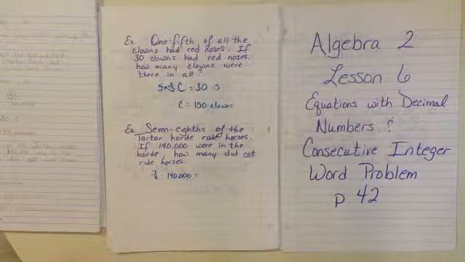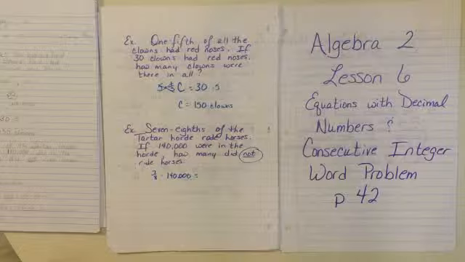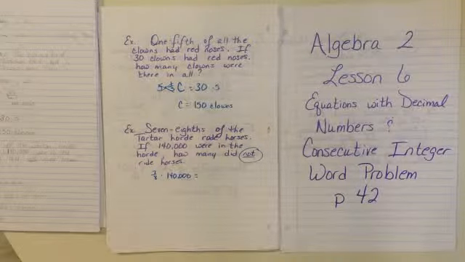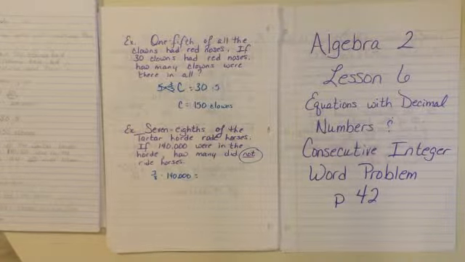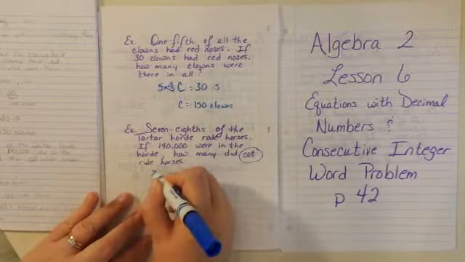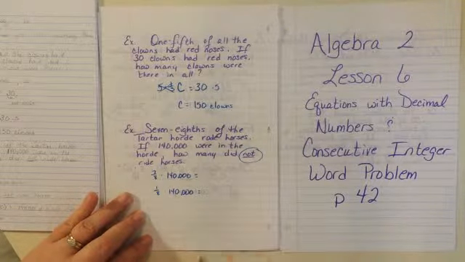And we would get the number that rode horses. We actually want the number that didn't ride horses. So if 7/8 of the Tartar horde rode horses, then what fraction of the horde did not ride horses? And that would be 8/8 minus 7/8, so that's 1/8 of the entire horde did not ride horses.